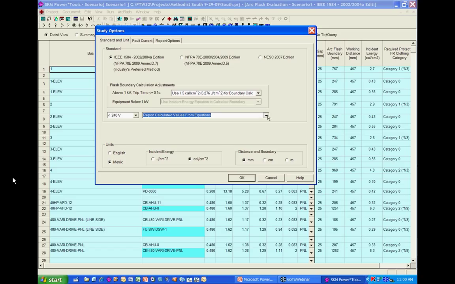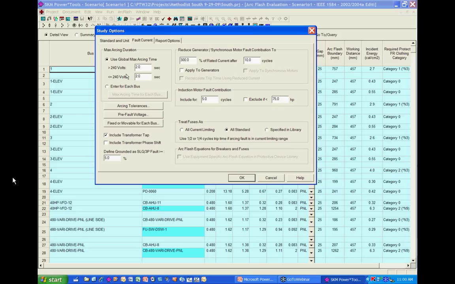We're going to consider metric, calories per centimeter square, and we're going to consider non-metric, English, and inches. And we're changing all the options here. We're going to consider the maximum arcing time at 4 seconds, etc.